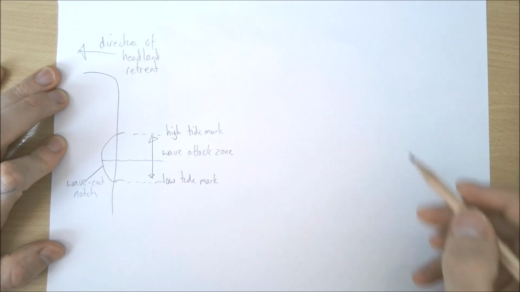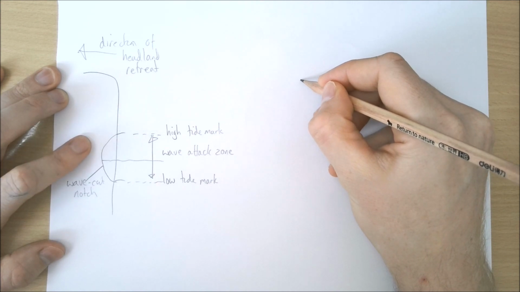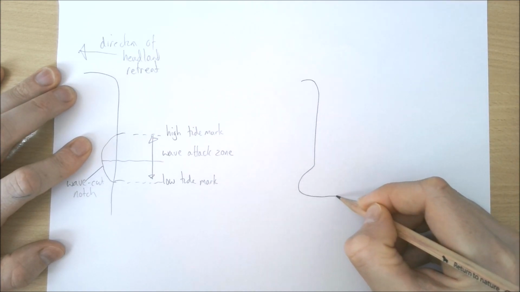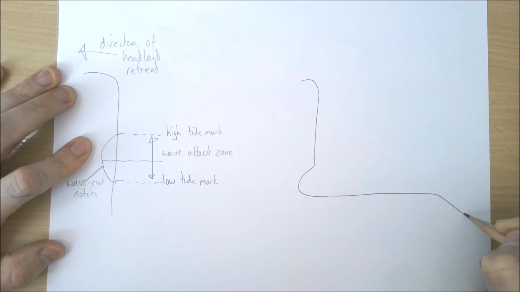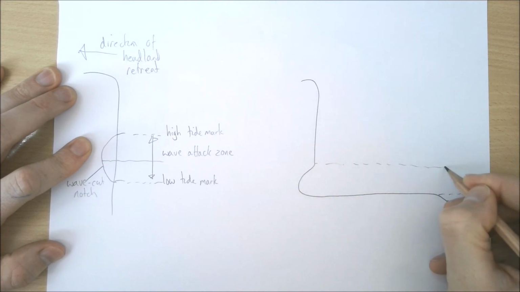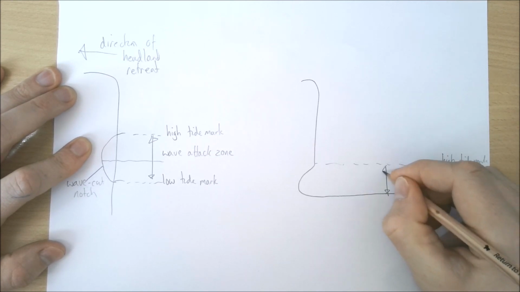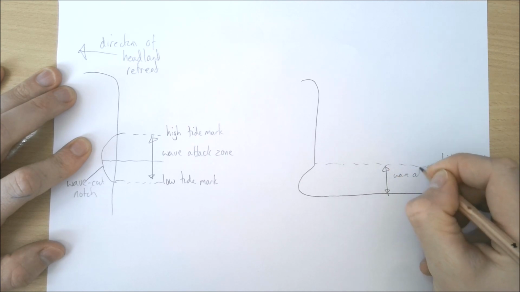How that develops into being a wave cut platform is relatively similar. It's just extended along. So we've got again our low tide mark. We've got our high tide mark, which we're labeling again. We could add in again the wave attack zone.